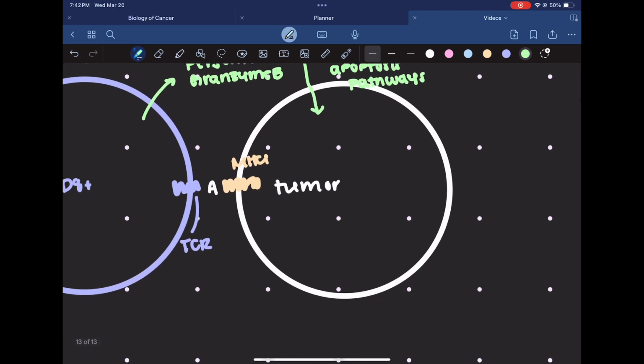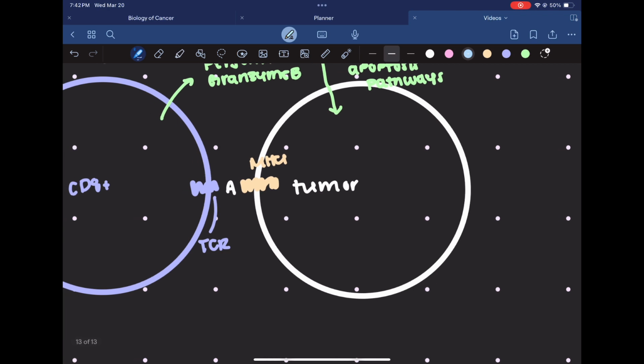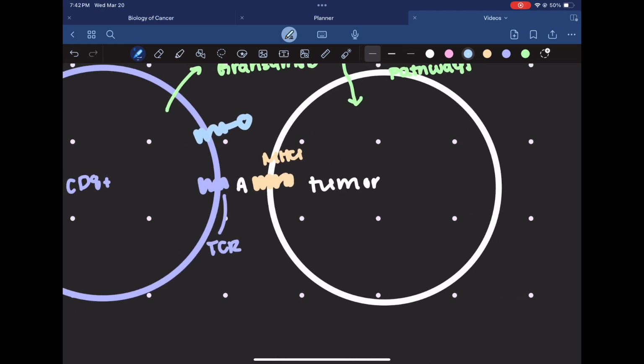And then the second way that we're going to trigger cell death is by using receptors. So we'll have something called a Fas ligand that will be present on our CD8 plus. Let me draw that like this. This is our Fas ligand. And then maybe we'll have a complementary Fas receptor.